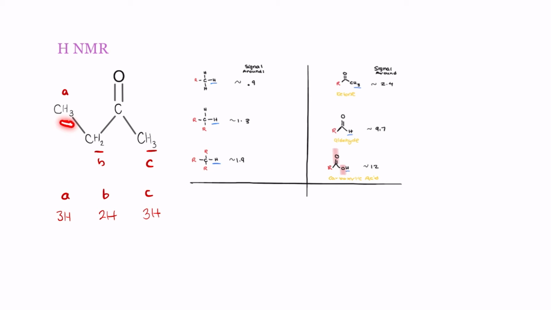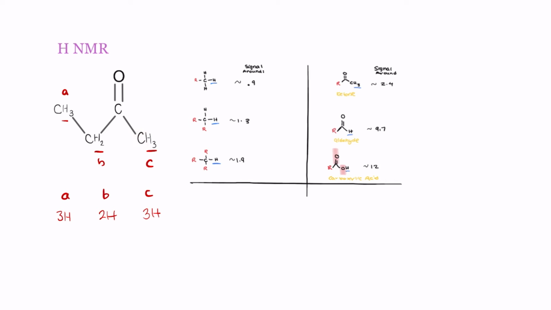Now, signal A is a CH3 group, and if you recall, a CH3 group has a signal around 0.9. Remember that the CH3 group is attached to an R group, which is any alkyl group. And we see here that this CH3 group is attached to this group, and there's some business going on over here, right? We've got some oxygen, we've got some carbons.